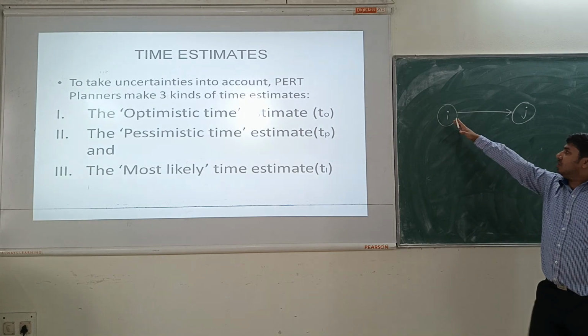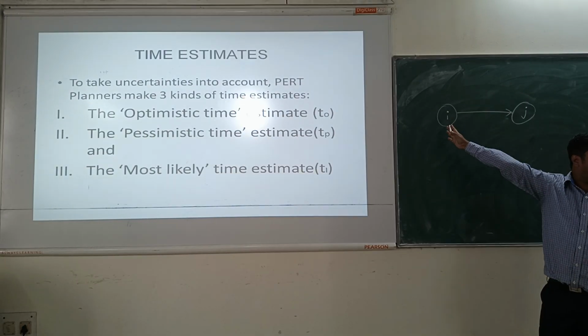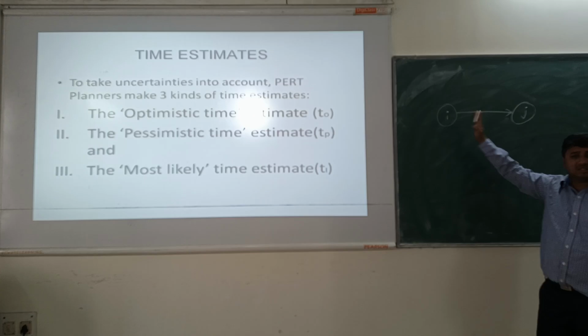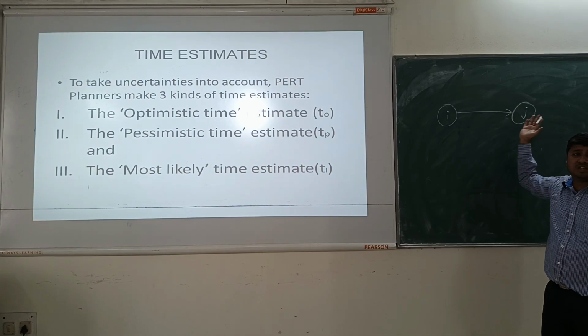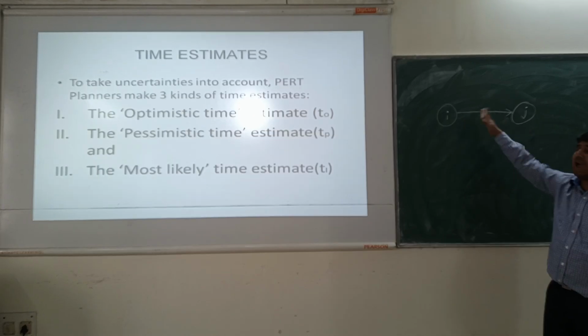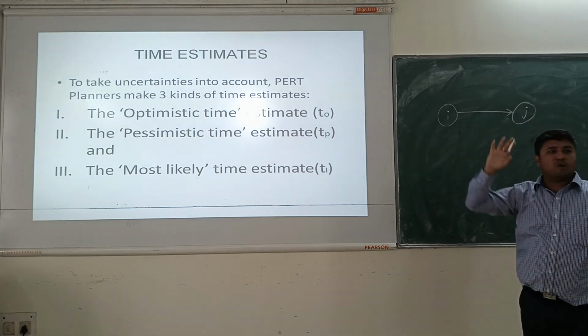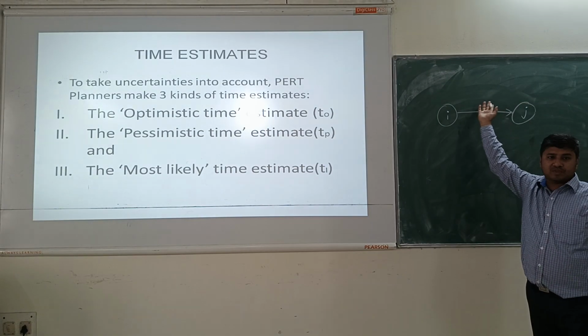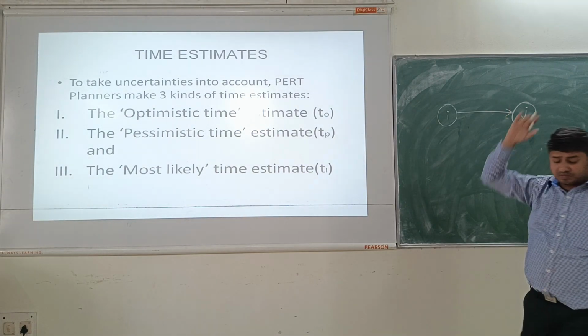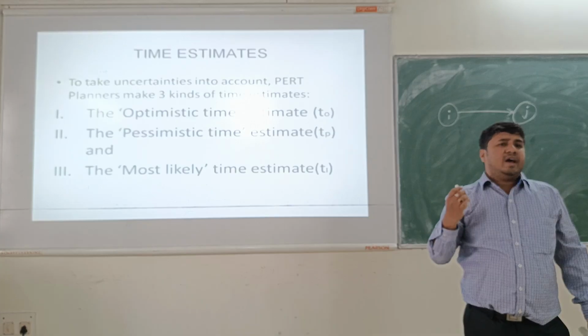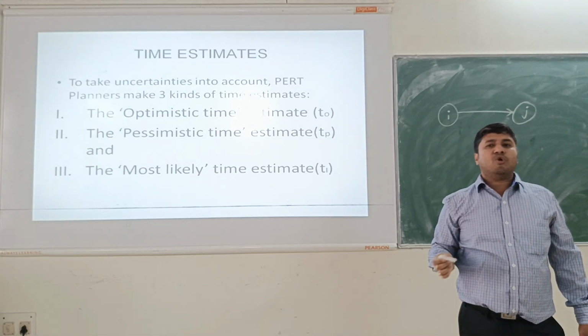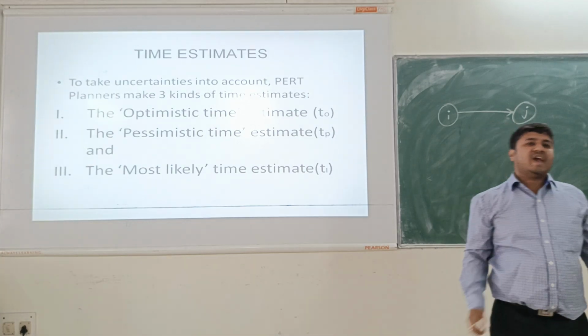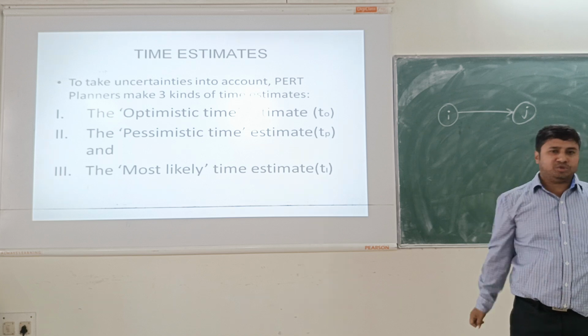This I is the successor event and J is the predecessor event, and the arrow represents the activity and how much time it is consuming. Since this approach is more probabilistic, we can have a frequency distribution.